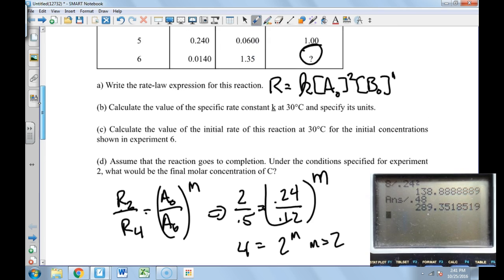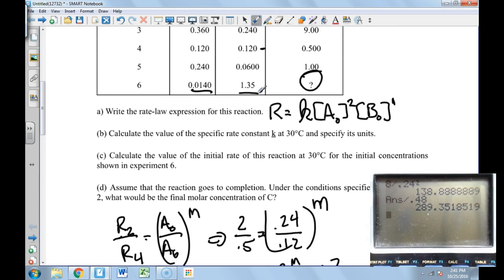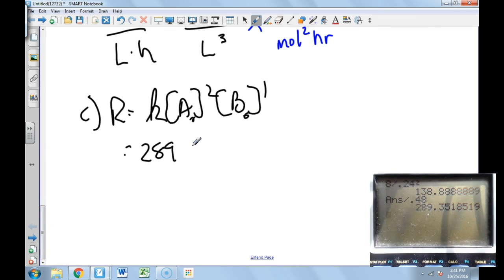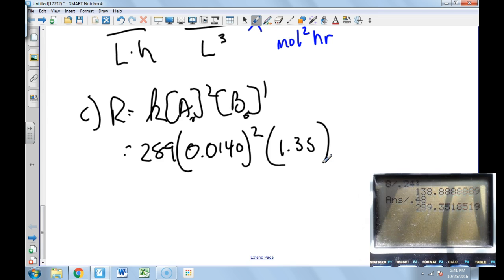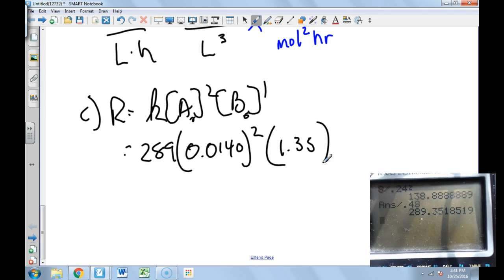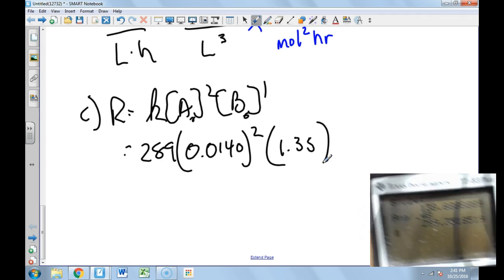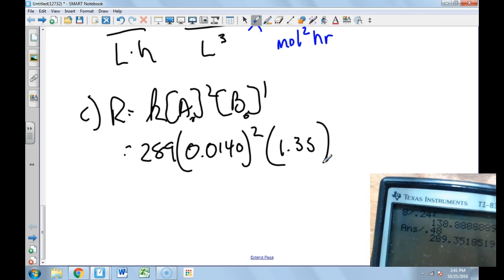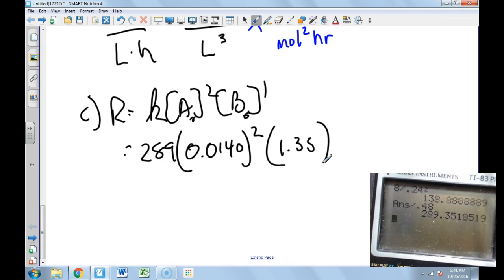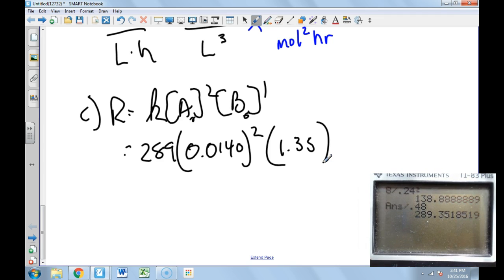A, I think, is 0.014, and B is 1.35. So you do 289 times 0.014 squared times 1.35.